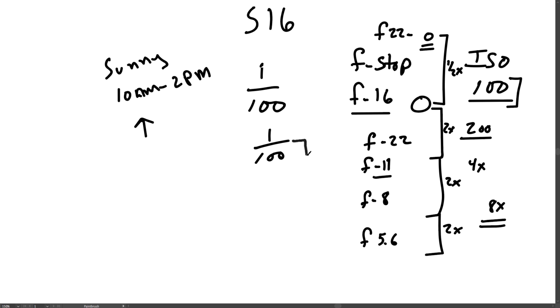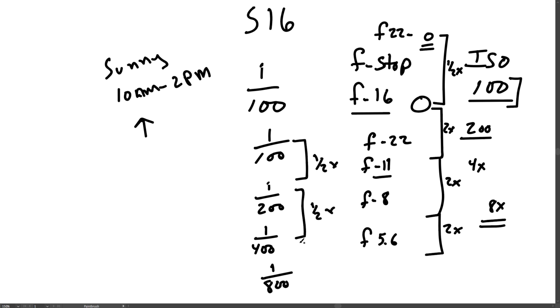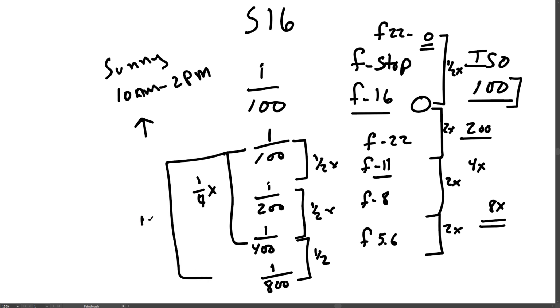So if we go from 100 to 200, that's half as much light. 1 over 100 to 1 over 400 would be half as much light, and 1 over 400 to 1 over 800 would be half as much light. Or from 100 to 400 is 1/4 the amount of light. 100 to 800 is 1/8 the amount of light.